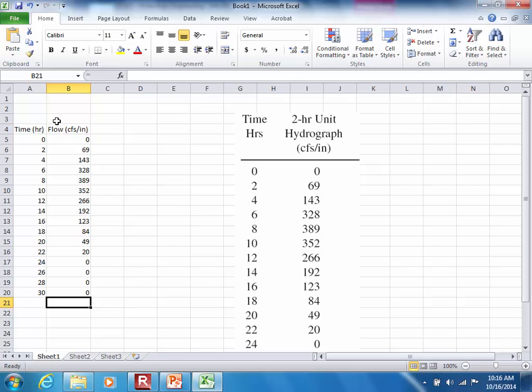Okay, so this is just the 2-hour unit hydrograph that we start off with.